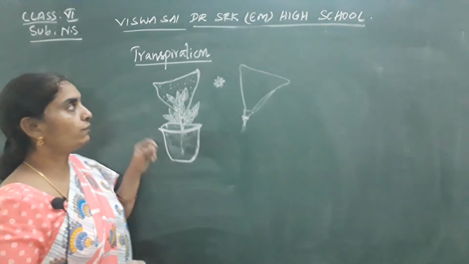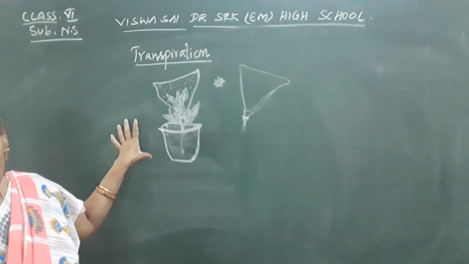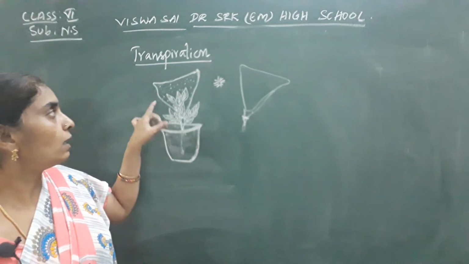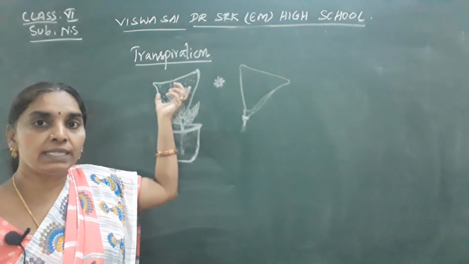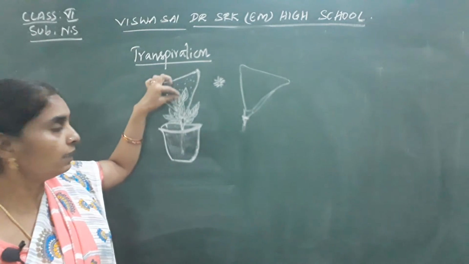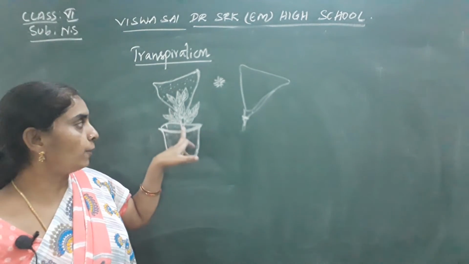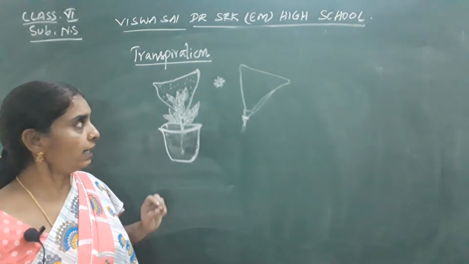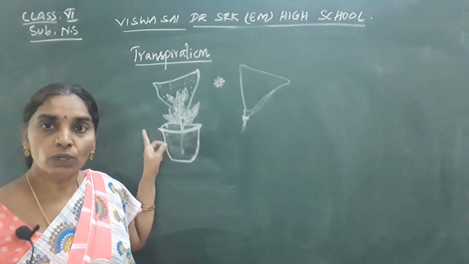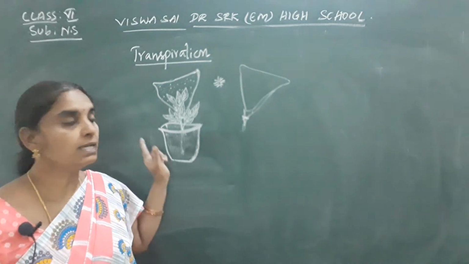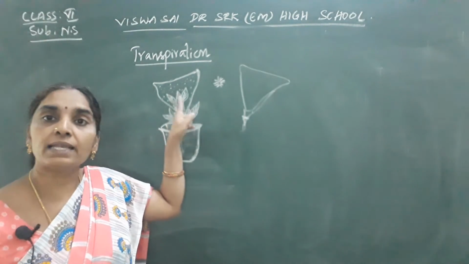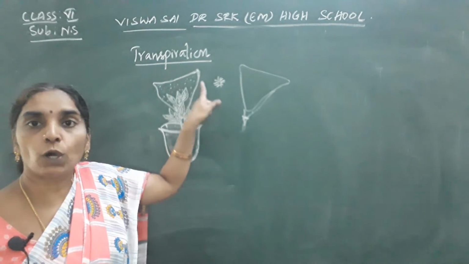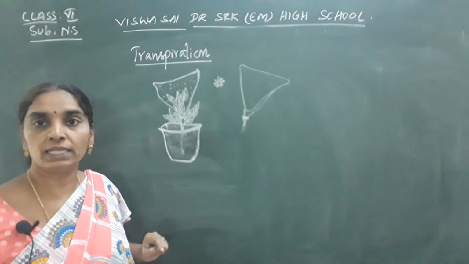Okay children, so from this experiment it is proved that the small droplets of water are seen on the polythene sheet which is tied to the branch of the potted plant exposed to sunlight. This is due to the transpiration process, in which the plant releases excess water, seen in the form of tiny droplets inside the polythene cover.